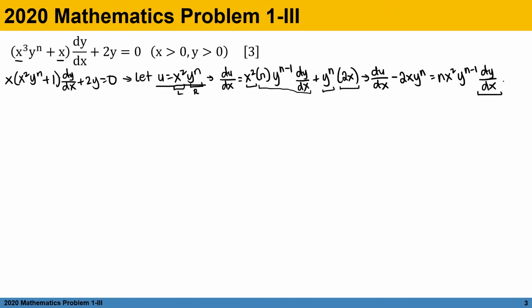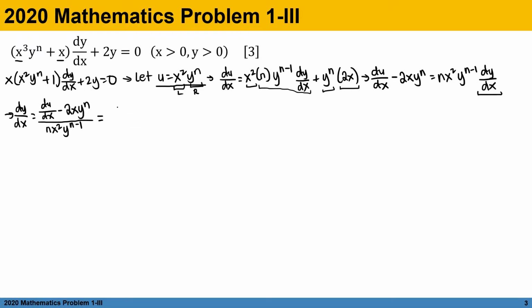And let us isolate dy over dx. We will have dy over dx equals du over dx minus 2x y raised to n, all over n x squared y raised to n minus 1. Let us split into two terms.